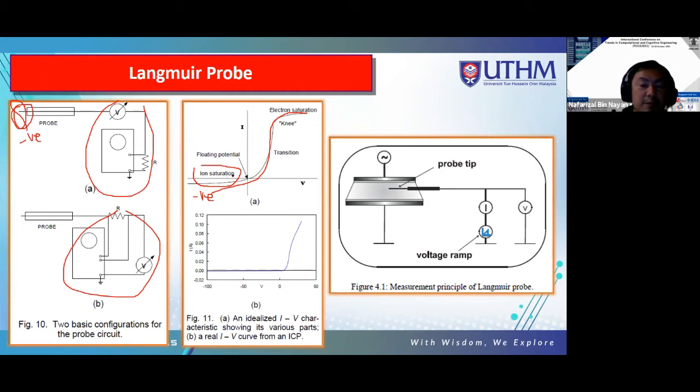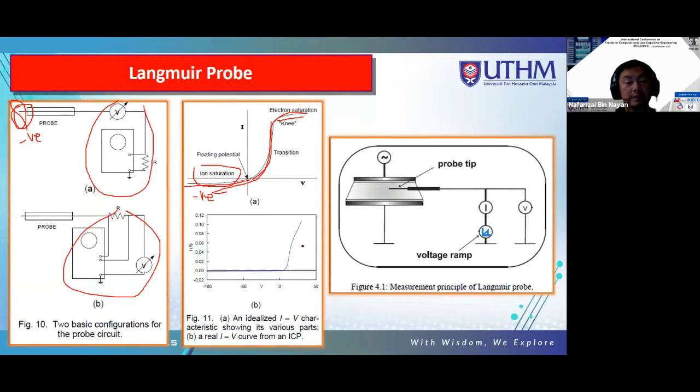That's why the information that we can have from this curve we call the ion saturation current. And then we can have the floating potential. On the right-hand side is the electron saturation current. So this is the transition between the ion saturation and the electron saturation.